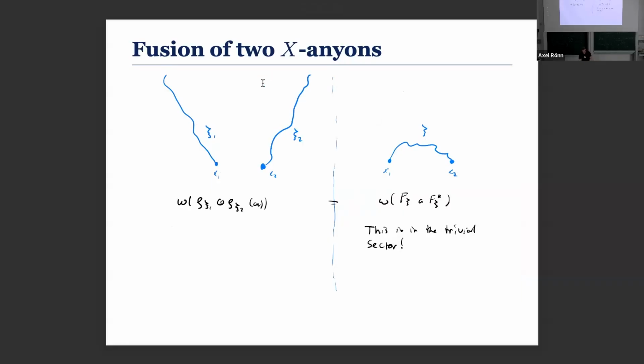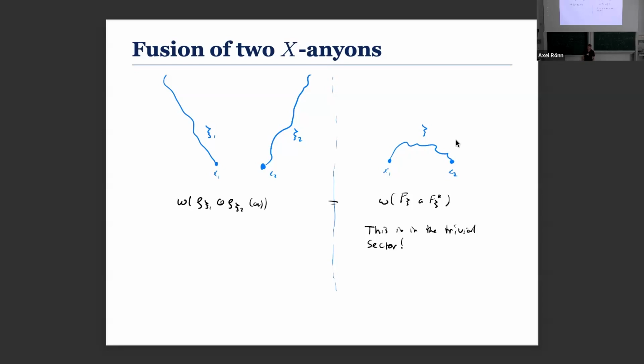So if I fuse these two things, I end up with a state that has these two excitations, but this is in the ground state sector because I can get rid of these excitations with a finite, local operator, maybe besides this part.